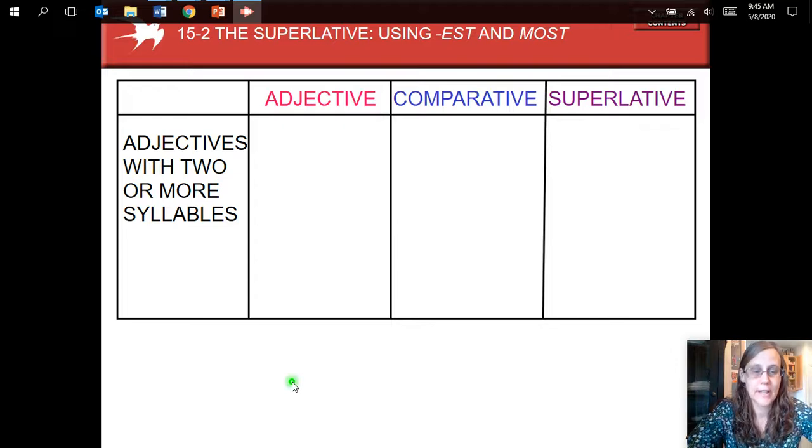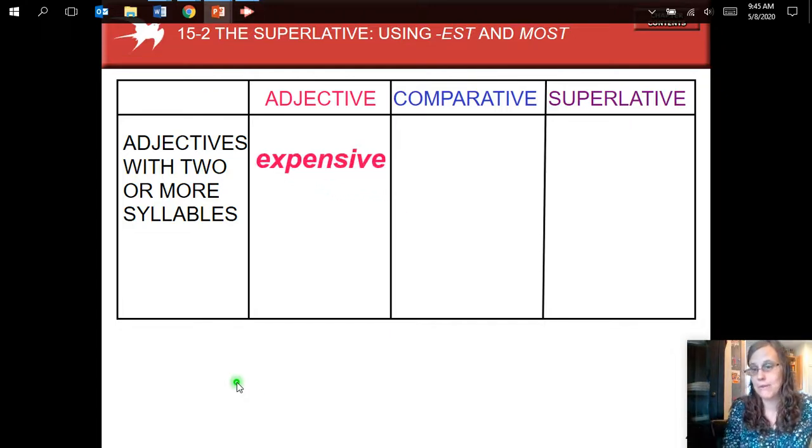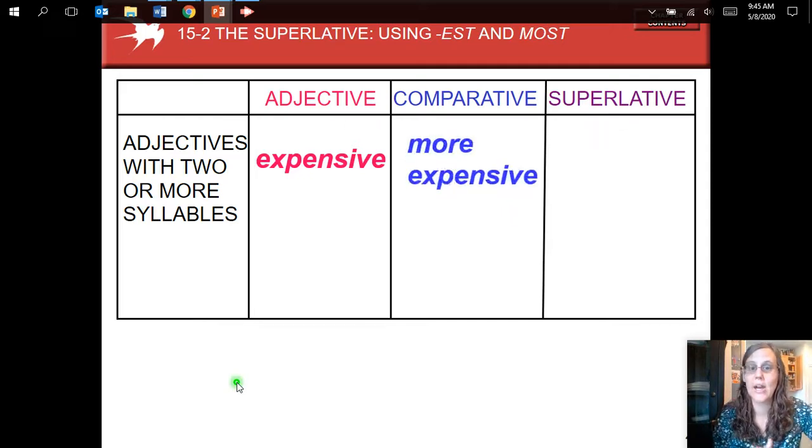So, like I said, adjectives with two or more syllables, the longer adjectives, for example, expensive. Do you remember the comparative form of expensive? For the comparative form, comparing two people, we need to say more expensive.